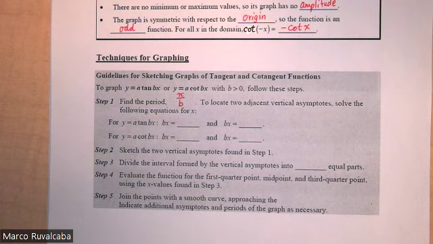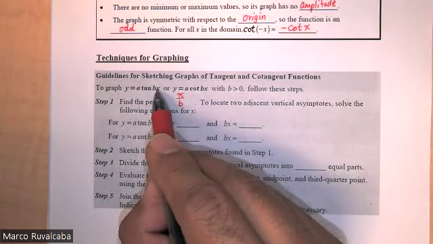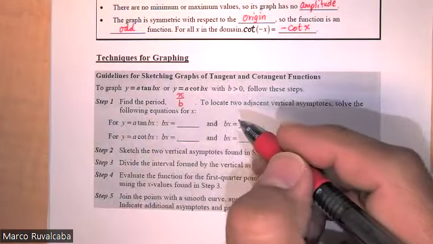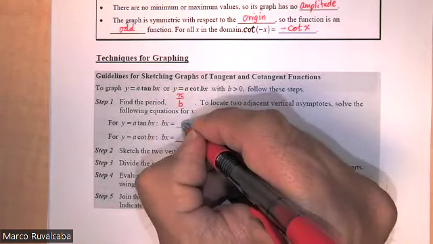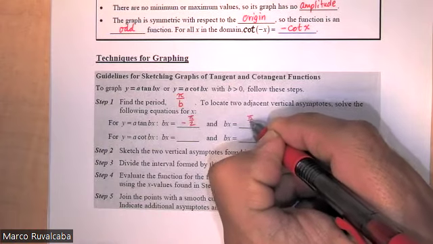Then we have to find the vertical asymptotes for one period of the function. For tangent, you would let the argument bx equal plus or minus pi halves, so negative pi halves and pi halves.